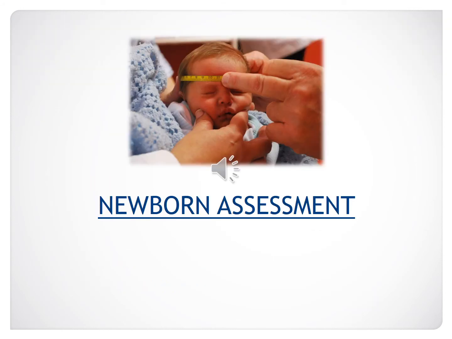And lastly, I wanted to conclude this section of the module with providing you a video describing how to conduct a newborn assessment. And so again, this video puts to visualization all of the things that I've discussed in the previous slides, and gives you a better understanding and visual of how to conduct such an assessment.